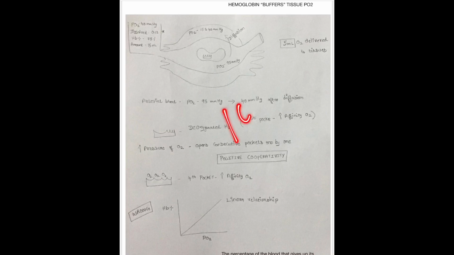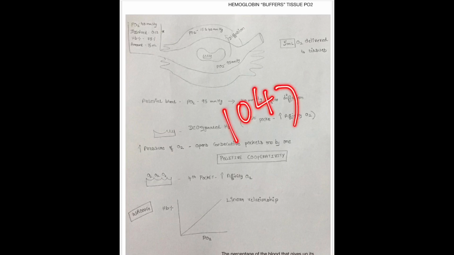So hemoglobin buffers tissue PO2. What do you mean by this buffer? Buffer means simply protect. So the hemoglobin in the RBC will protect the partial pressure of PO2. What do you mean by this? No matter what happens to the partial pressure in the lungs, the partial pressure in the lung is 104.